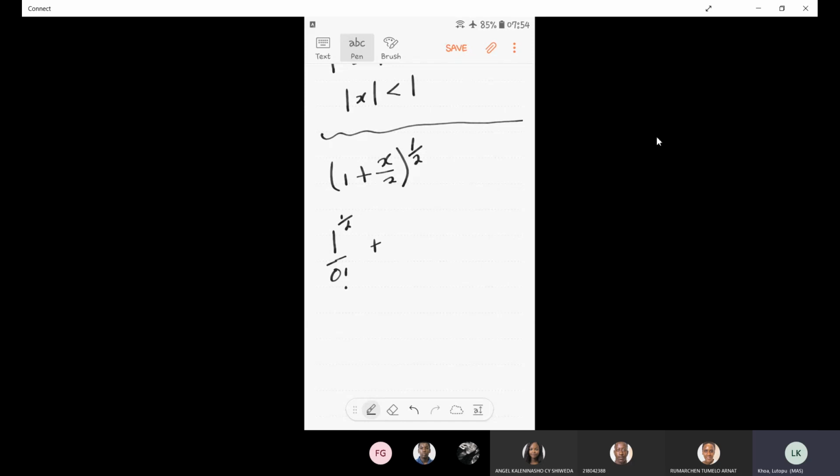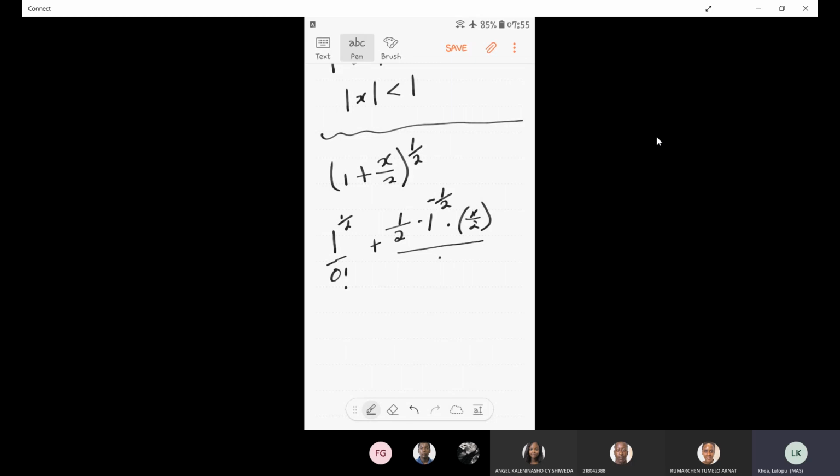Then the second term, the half will come down, so I have half, and my exponent of 1 will be negative a half, because it's half minus 1. So you always subtract 1 from the exponent of a. Okay, and then now b, this is x over 2. I hope you can see that. That's an x over 2. The power is 1, but I don't need to write it.